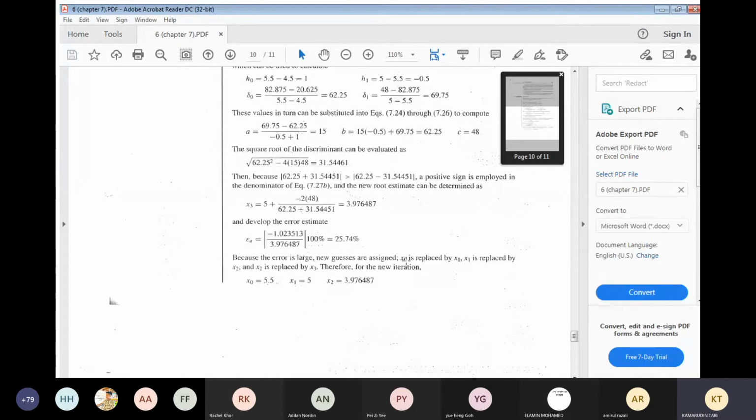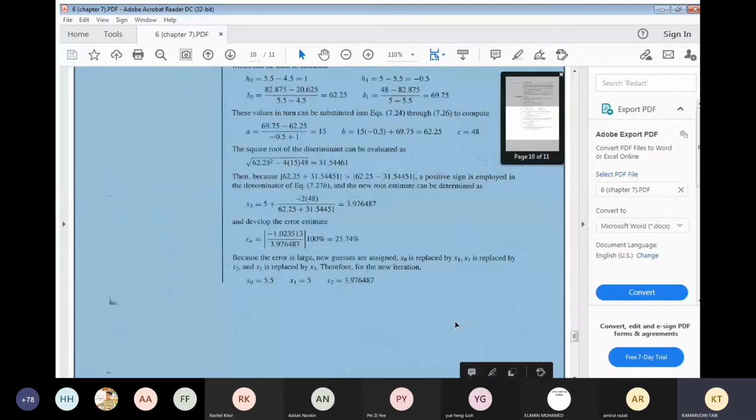That means we throw away the initial x0 and replace it by the x1 earlier assumed, then x1 is replaced by x2, and x2 by the newly calculated x3. So we got the three values now for the next iteration.